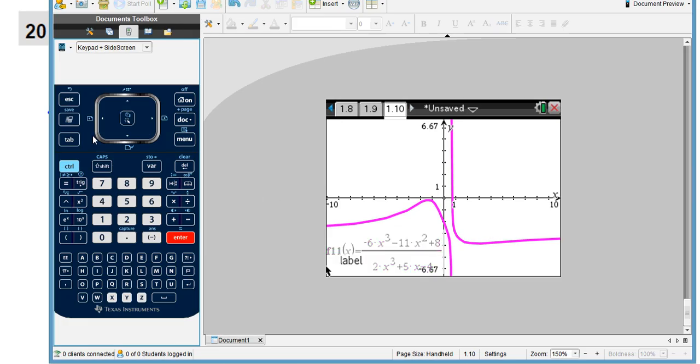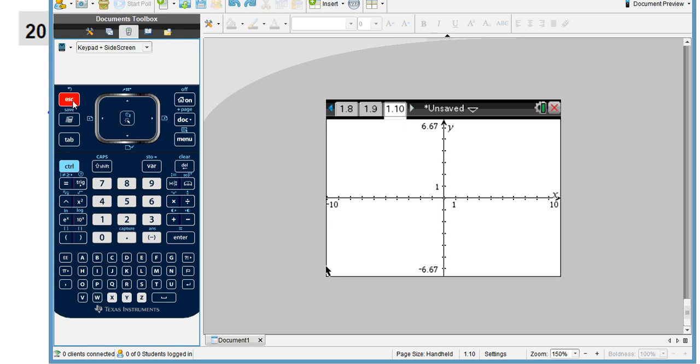If we go to a table view, Control T, or even better than that, instead of going to table view, let me do this. Oh man, I got rid of the thing. Sorry to do that to you. Negative 6x cubed minus 11x squared plus 8.